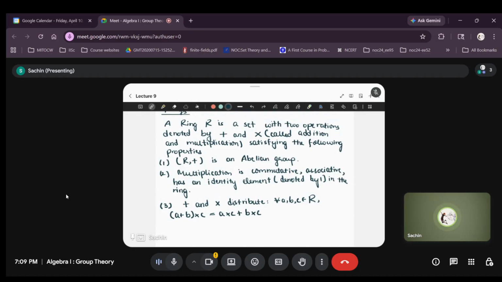But as far as we are concerned in this course, I'll only deal with commutative rings with unity. And by a ring, I mean a commutative ring with unity, a commutative ring with the identity.